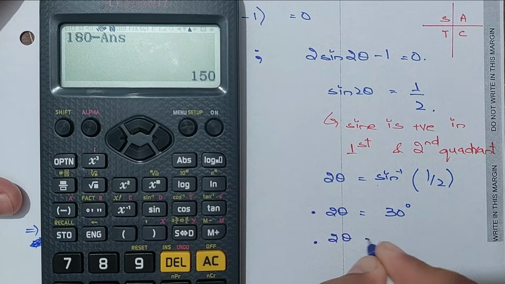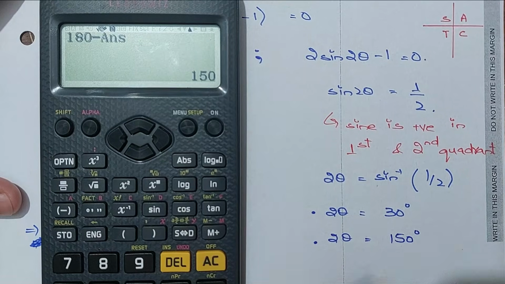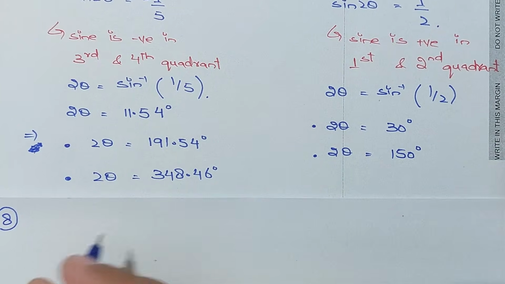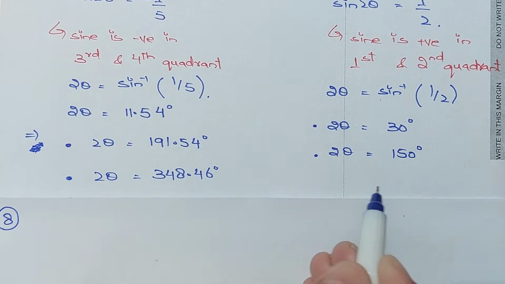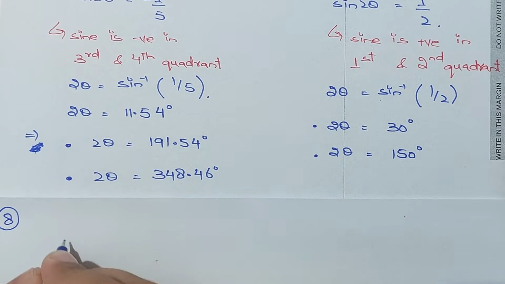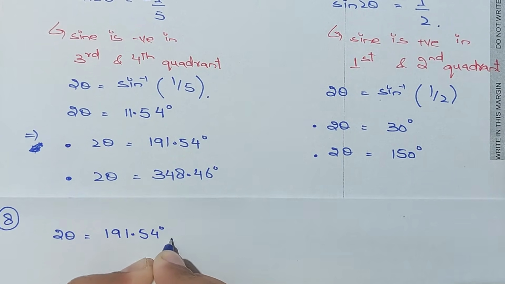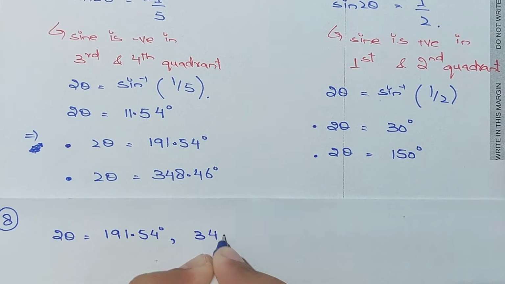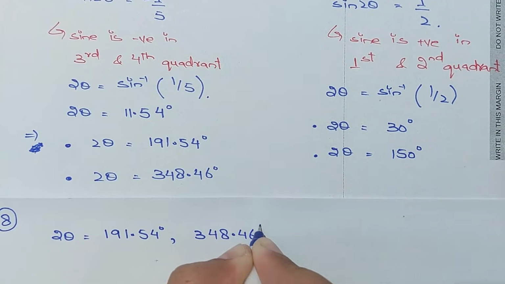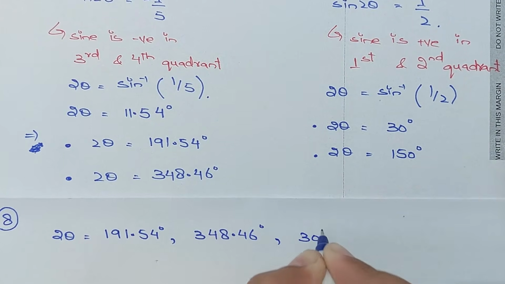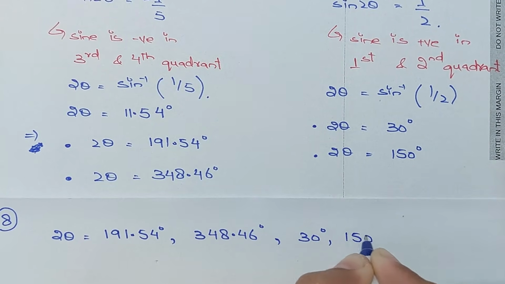So 2 theta is equal to 150 degrees. All right, so these are the four values of 2 theta we have: 191.54 degrees, 348.46 degrees, 30 degrees and 150 degrees.